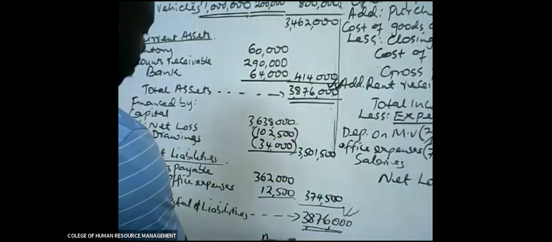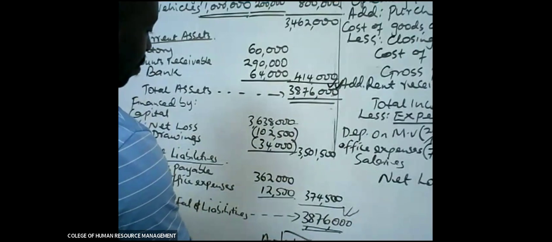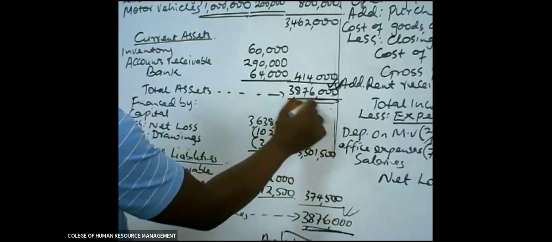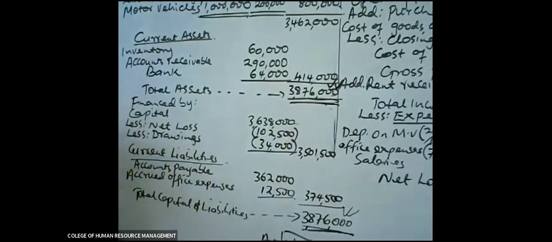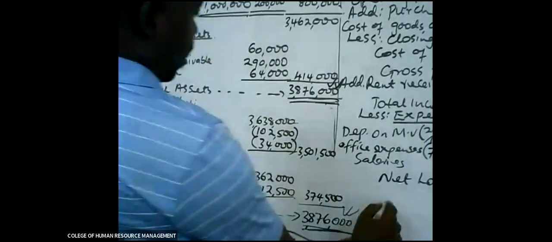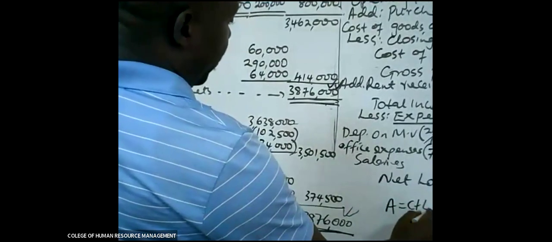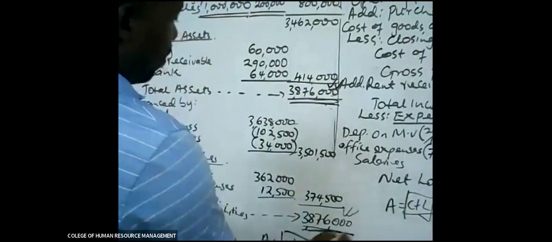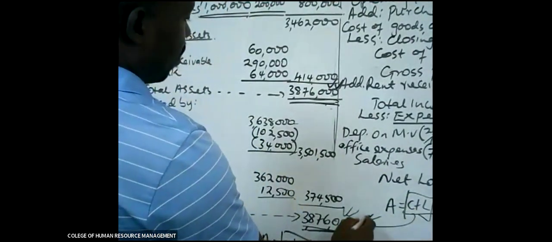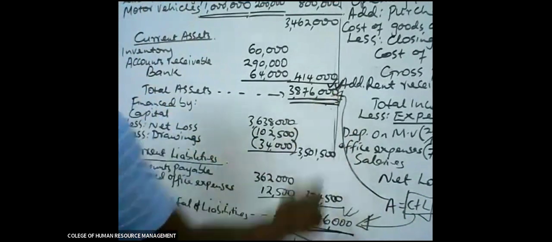Assets must be equal to capital plus liabilities. Total assets, that is the figure; capital and liabilities, this is the figure. They are equal. A should always be equal to C plus L.